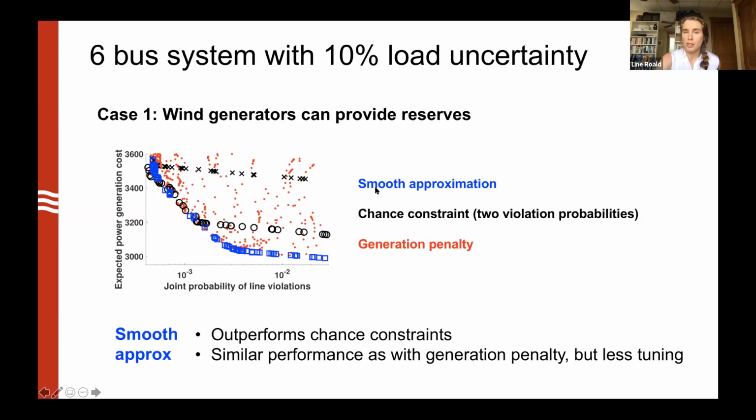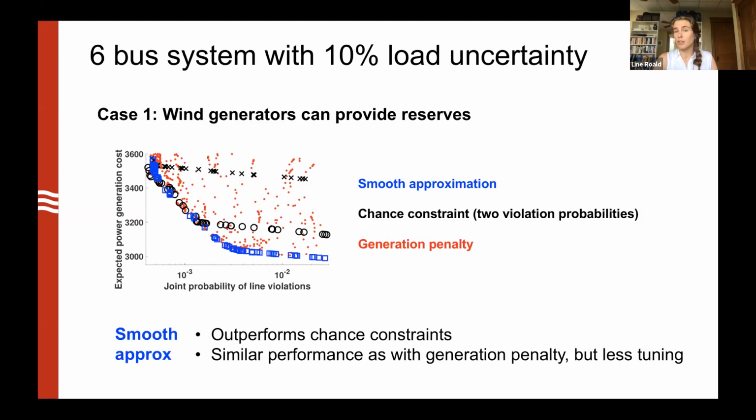What you can tell here is that our smooth approximation really draws out a Pareto front. You see that it outperforms the chance constraint in most cases. It's possible to get similar performance as with the generation penalty in most cases, but the generation penalty requires more tuning because you have to tune both line violation penalties and penalties on the generation.